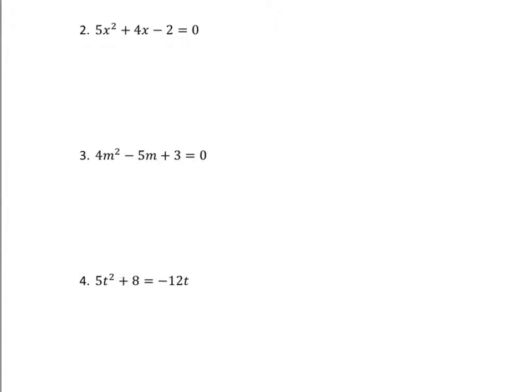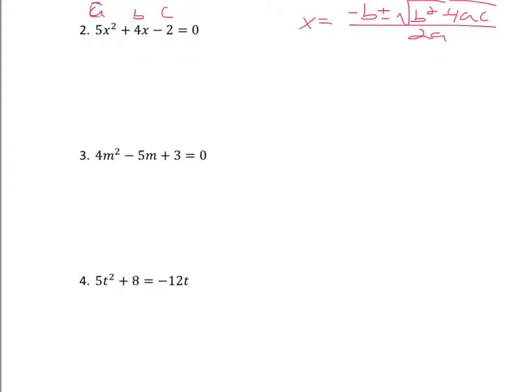Okay, so we could complete the square. Or instead of completing the square and having to deal with brutal fractions, I'm just going to use the quadratic formula, which I need to remember is x equals negative b plus or minus the square root of b squared minus 4ac all over 2a. Okay, so we've got an a, a b, and a c.